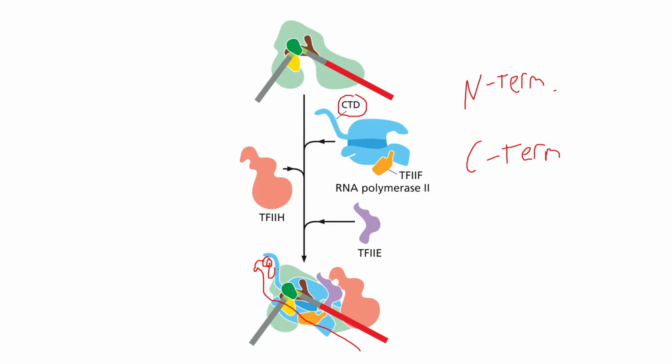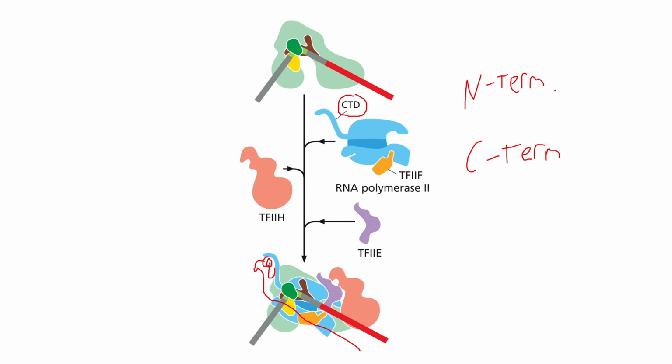But in this case, for the C-terminal domain right here, let me see if I can word this in a simple way. Actually, the C-terminal domain also acts like not only an ignition, but like a switch.